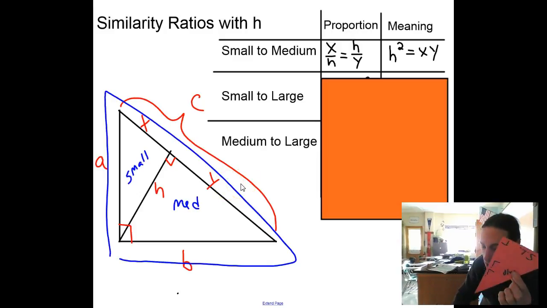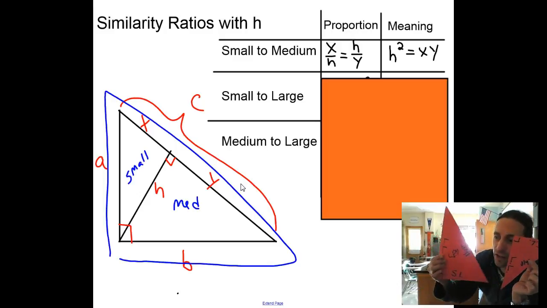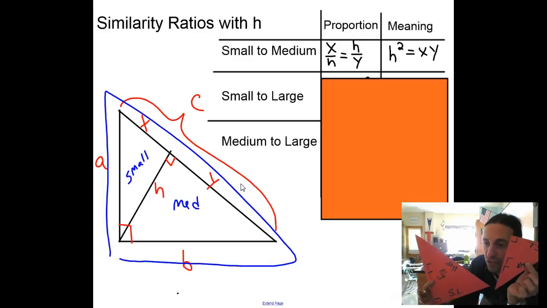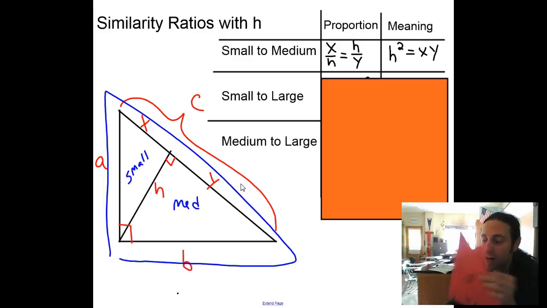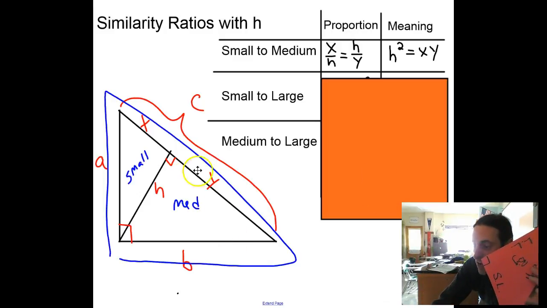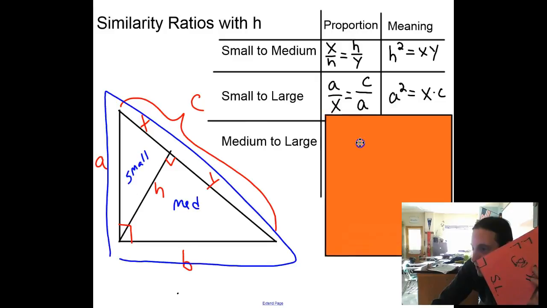Okay, now compare the small triangle to the big triangle. Well, it's a similar thing, but now what we're trying to do is say, hey, what sides are the same in both triangles there? Well, you're like, well, this side a, right? The hypotenuse in the small triangle is the short side in the large triangle.